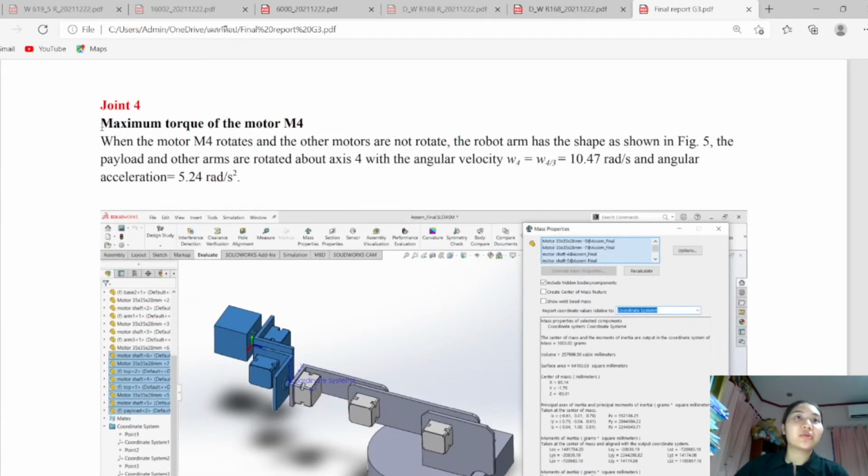And joint 4. For this joint, it has angular velocity 10.47 radians per second and angular acceleration 5.24 radians per second squared. So the angular velocity and angular acceleration are the same as previous joint 5 because we use the same operation speed.